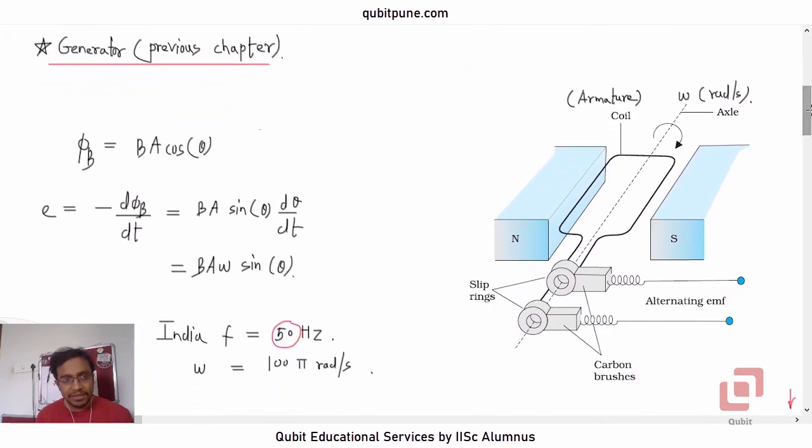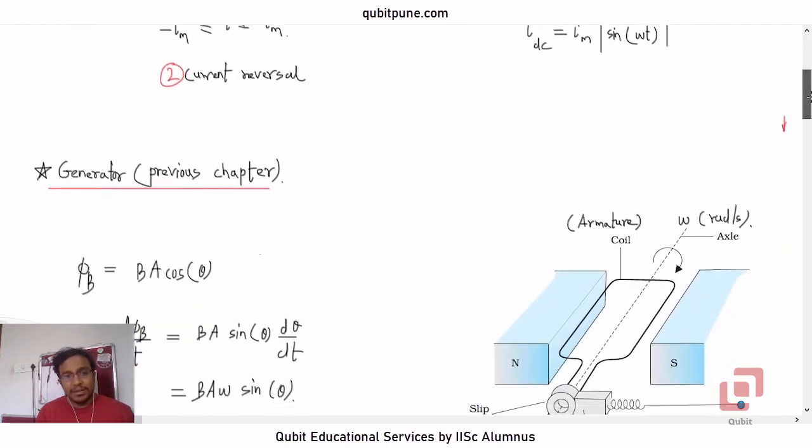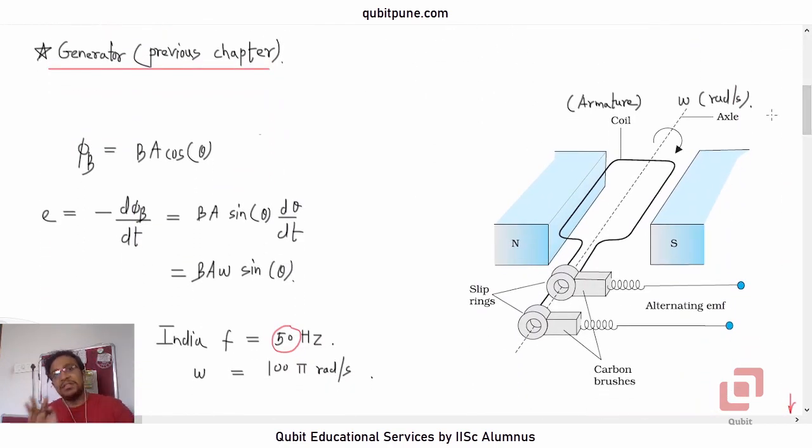Now just a quick revision of the generator to carry this point forward. Why is the voltage or the current sinusoidal? The reason is that it is associated with the rotational motion of the armature.